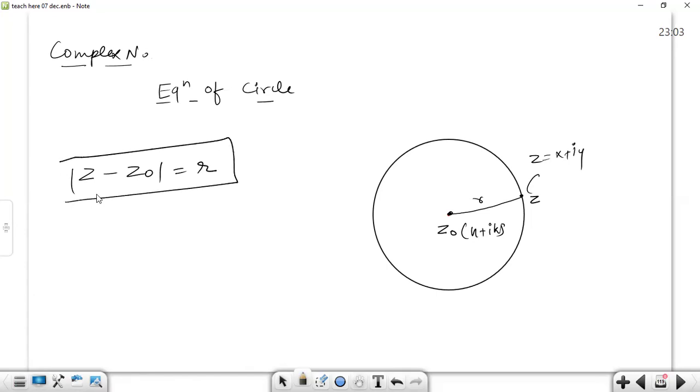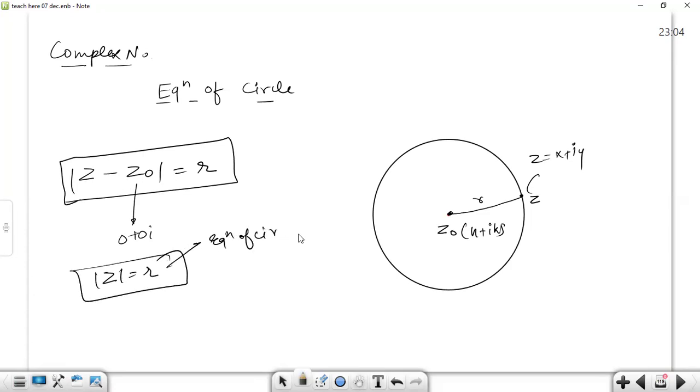So this is our equation of a circle. Clear? And if in any case the center is at the origin, then z0 becomes 0 + 0i, and this time the modulus of z is r. This is the equation of a circle when the center is at the origin. Clear?